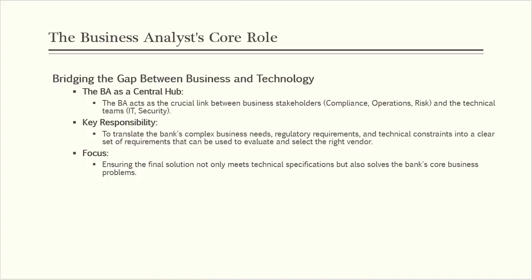Let's move on to the business analyst's core goal for the vendor evaluation project. The BA bridges the gap between the business and the technology teams. The business analyst is the center of knowledge and should have an idea of both the functional and technical sides. The BA is a critical link between business stakeholders like compliance, operations, risk, and the technology teams like IT and security.